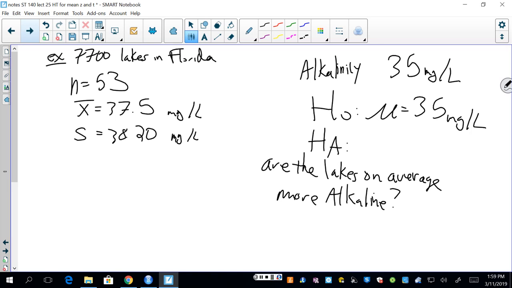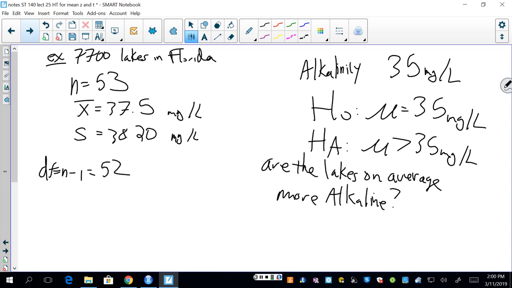And in this case, the concern, I guess, is that it's greater than 35. Now we've provided sample values. We don't know the alkalinity standard deviation for all 7,700 lakes, so we're not going to pretend to know sigma. We're going to use a t distribution. Degrees of freedom n minus 1 is 52.